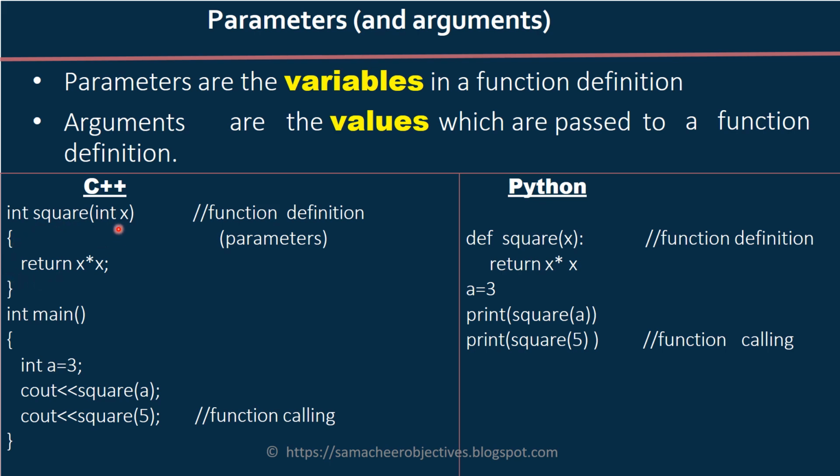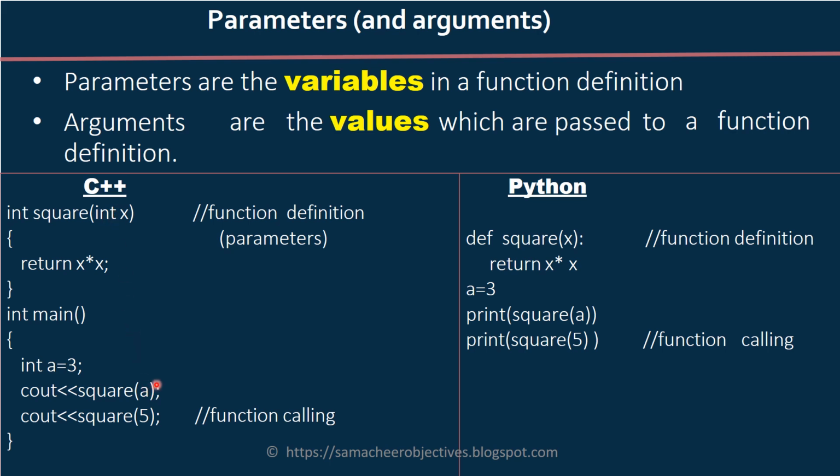So parameter will be only in the form of variable. While writing the definition, for parameter we have to give the term variables. That is given in the function definition. What is an argument? Here we are calling square of a. So a is the variable and its value is given. Even though you are providing it in the form of variable, while passing this, only the value of a, that is 3, will be passed to the parameter.